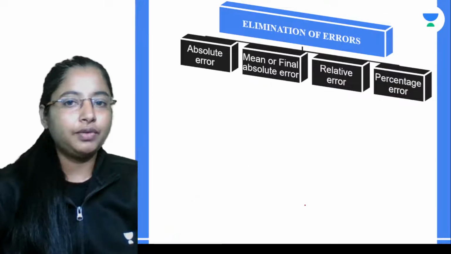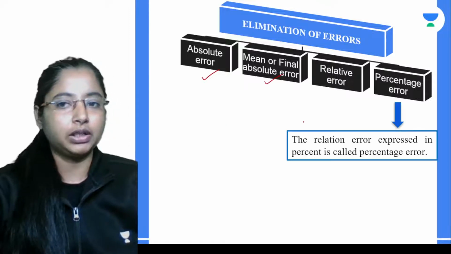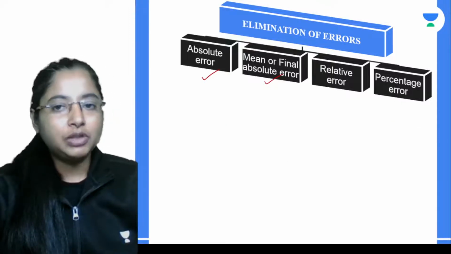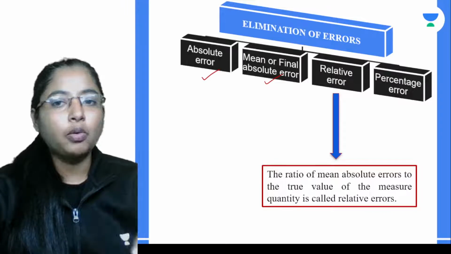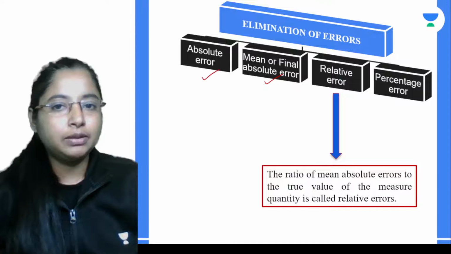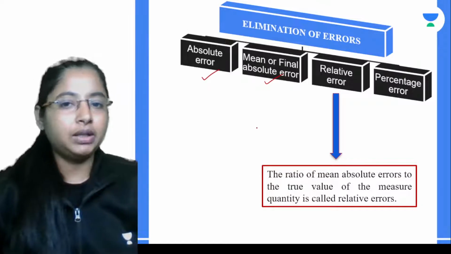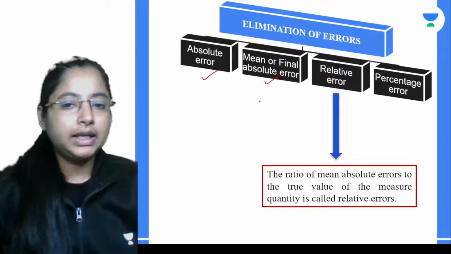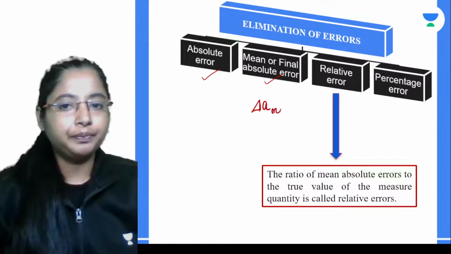So there you go. We have found the absolute error and the mean absolute error. Now, other than absolute error, you can express the quantity in terms of relative error. Relative error is very simple. Let's say you found the mean absolute error, and let's call it delta A mean.